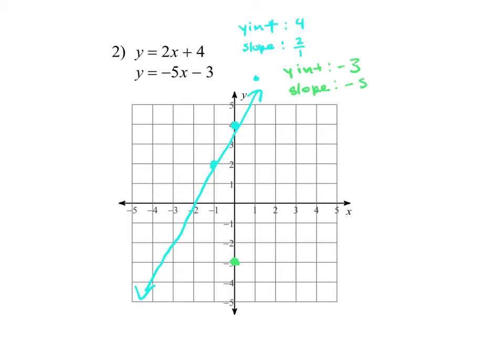So we're going to go down 5 and to the right 1, so our point would be over here somewhere. But I'm going to do the opposite of both just to keep it on our graph, so I'm going to go up 5 and to the left 1. So our line looks like this.